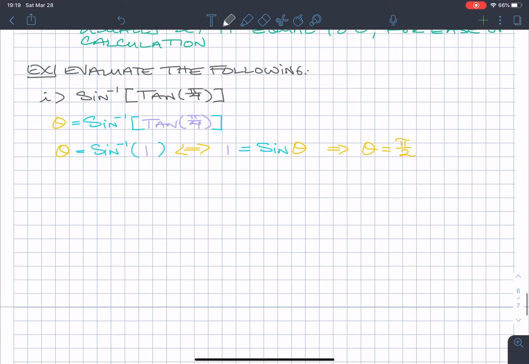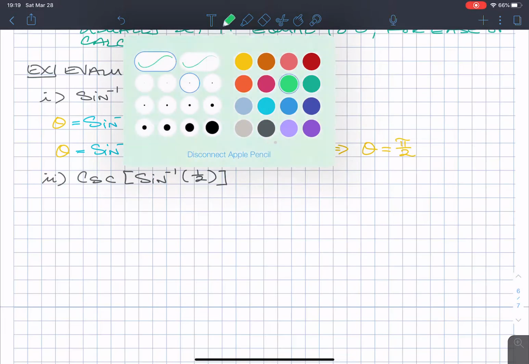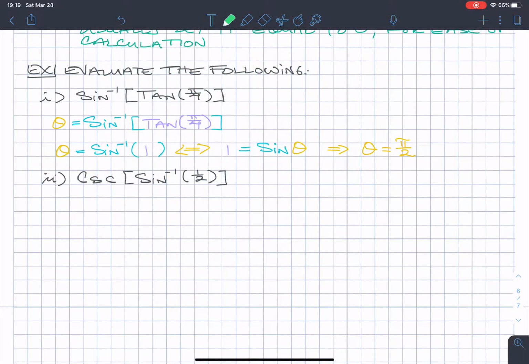So number 2, let's say I have cosecant of sine inverse, or inverse sine, of 1/2. So now we have that cosecant is on the outside.